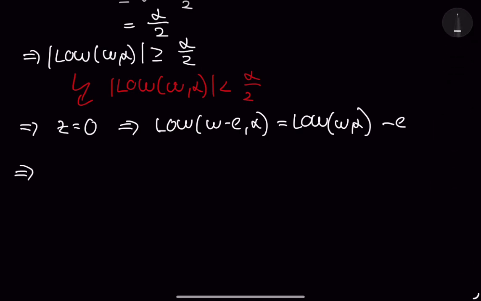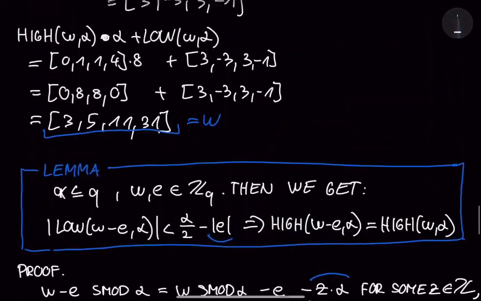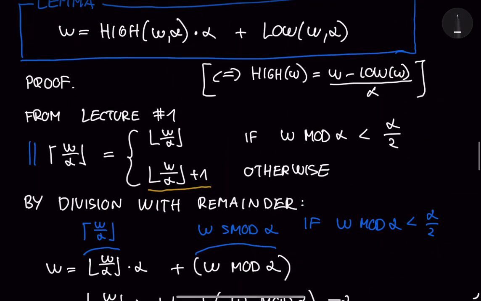And this has some effect on the high value. If we consider the high value of W minus E, we can rewrite the high value by W minus E minus the low value. Let's go back. This was just this equation, this one.